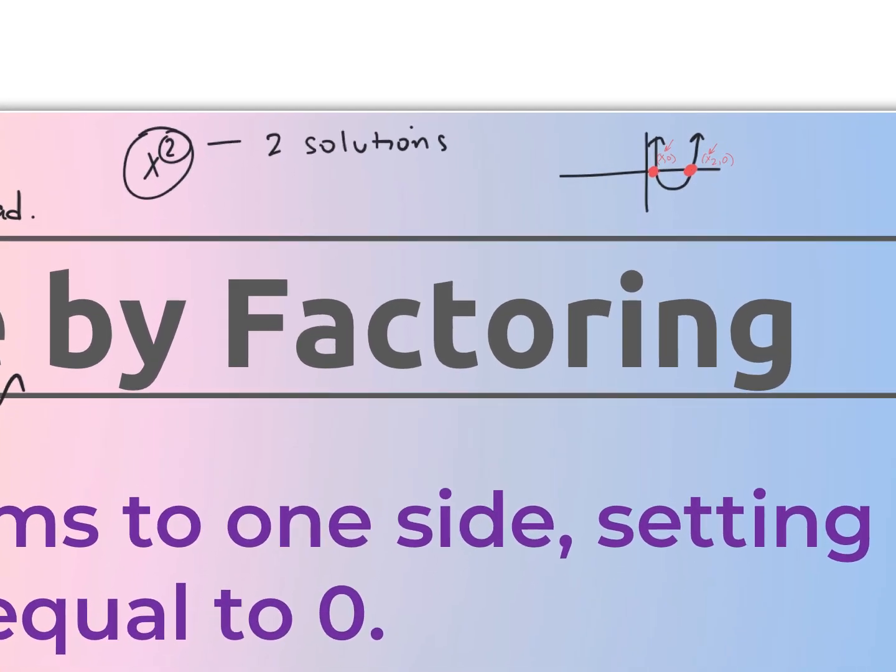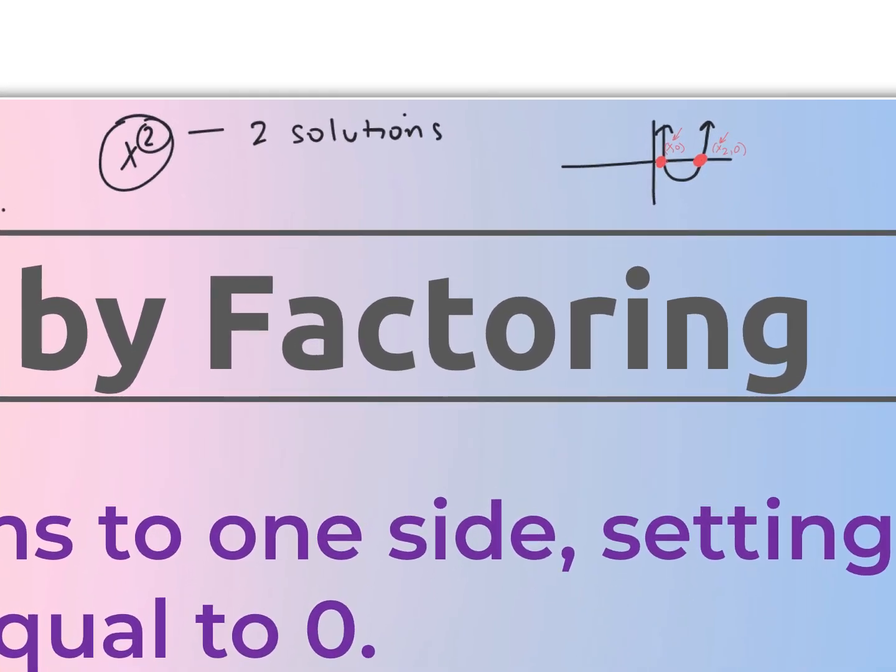When we solve a quadratic equation, what we're finding is the x-intercepts. We're finding the spots on the graph where the graph crosses the x-axis. And so sometimes you're going to have two solutions because your graph is going to cross in two places. Sometimes you're going to have one solution because your graph is just going to touch the x-axis at one point. And sometimes you're going to have no solutions because your graph is not going to cross the x-axis at all, okay?